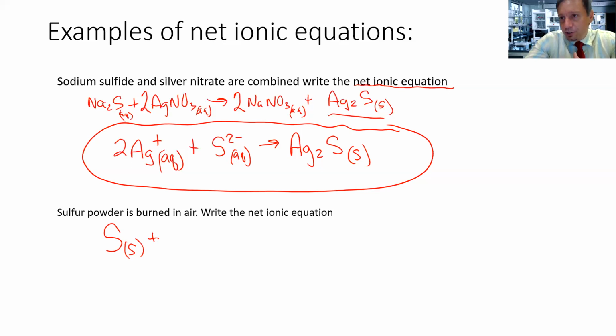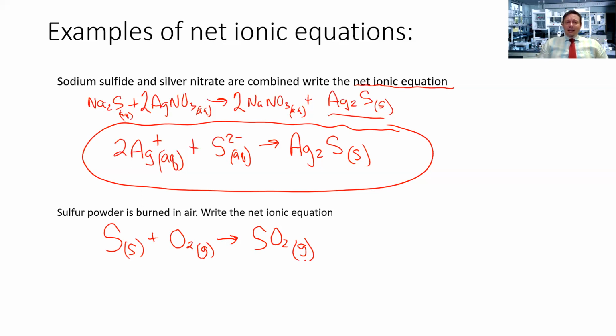It's burned in air, which means oxygen. So I can write that down as O2, and that is a gas. And that's going to produce sulfur dioxide, and that is a gas. It's actually a toxic gas.